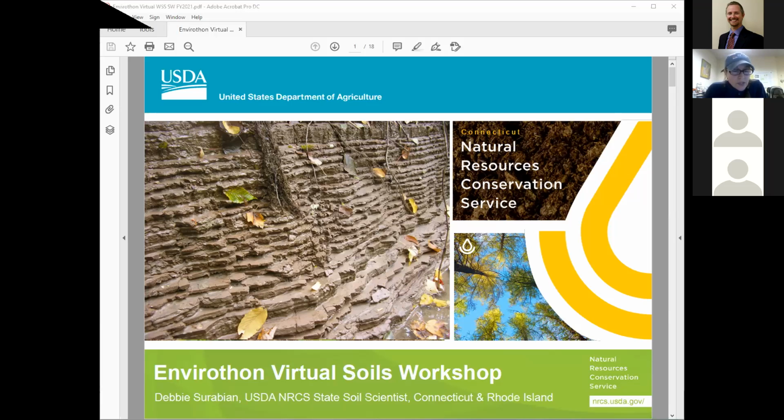Is this site subject to flooding? Is there a seasonal high water table? Maybe I want to know if there's prime or statewide important farmland soils on this property. And fortunately for you, soil scientists have collected a lot of this data for you to use.